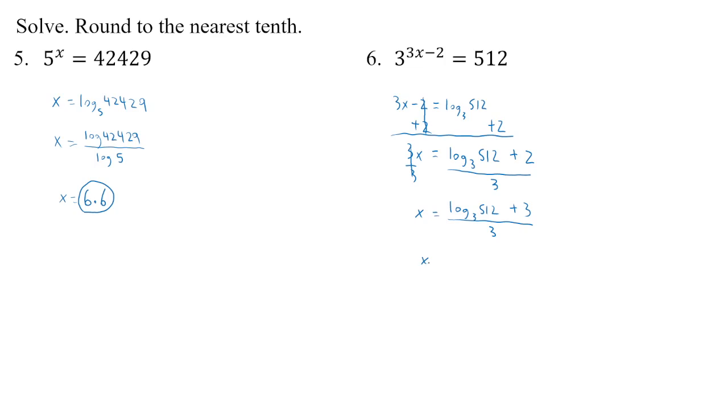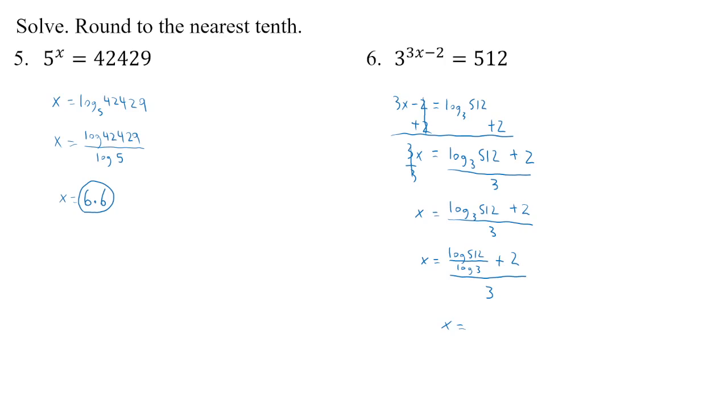And we're going to rewrite this using the change of base formula. So therefore, this is log of 512 over log of 3. And I meant to say plus 2 here. Plus 2 over 3. So this is what we're going to enter into the calculator.